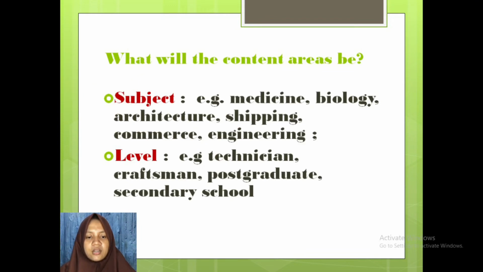What will the content areas be? Subjects are medicine, biology, art, architecture, shipping, commerce, and engineering. Levels are technician, craftsman, postgraduate, secondary school.